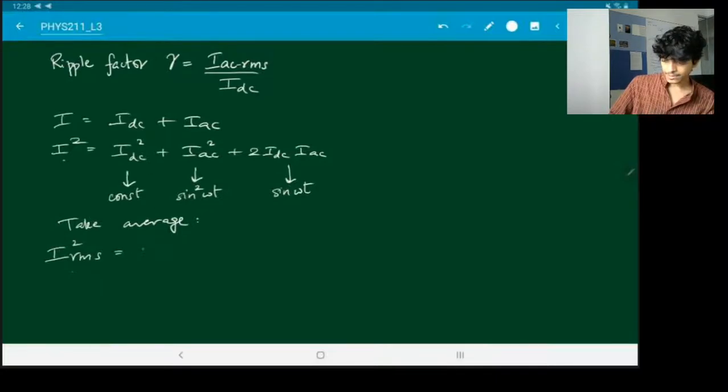Average of IDC square is simply IDC square, because since it's not a time dependent thing, the average is just IDC itself. IAC square average becomes RMS, and average of a sine is just 0, so that doesn't come into the picture.